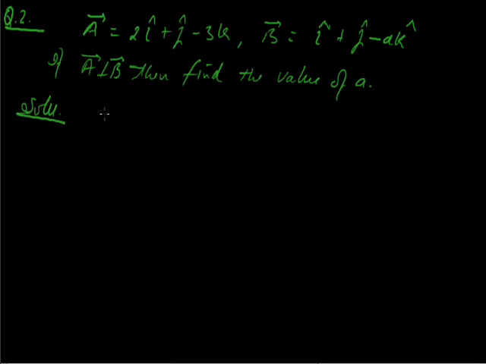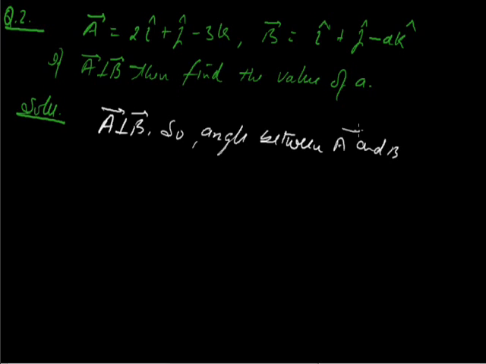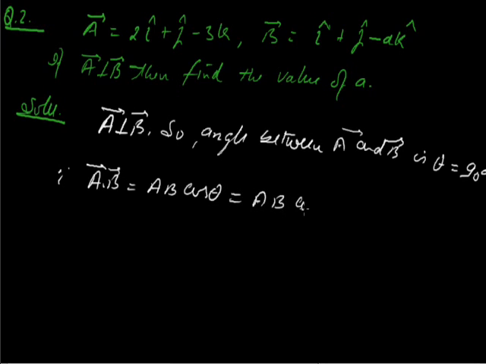Now the solution. Given A is perpendicular to B, so the angle between A and B, theta, will be 90 degrees. Because A dot B is AB cos theta, that's AB cos 90, and because cos 90 is 0, A dot B is 0.